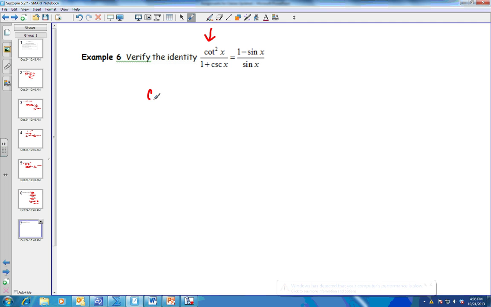So I have cotangent squared x over 1 plus cosecant x. The first thing I need to do is, can I rewrite cotangent squared x? I have cosecant down here, so maybe rewrite it using cosecants.